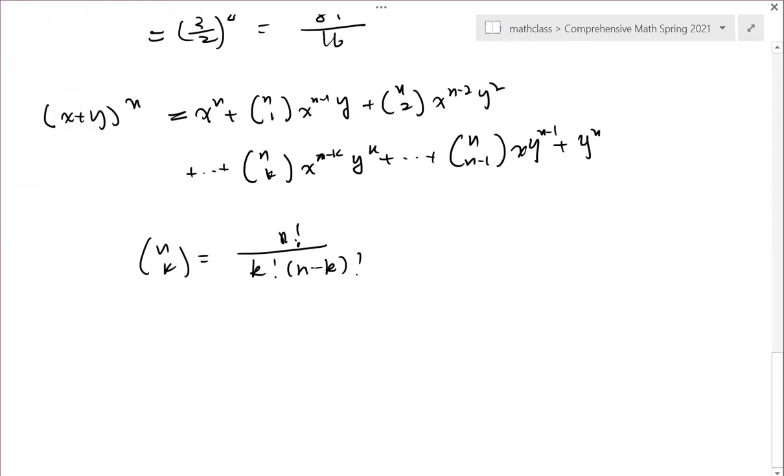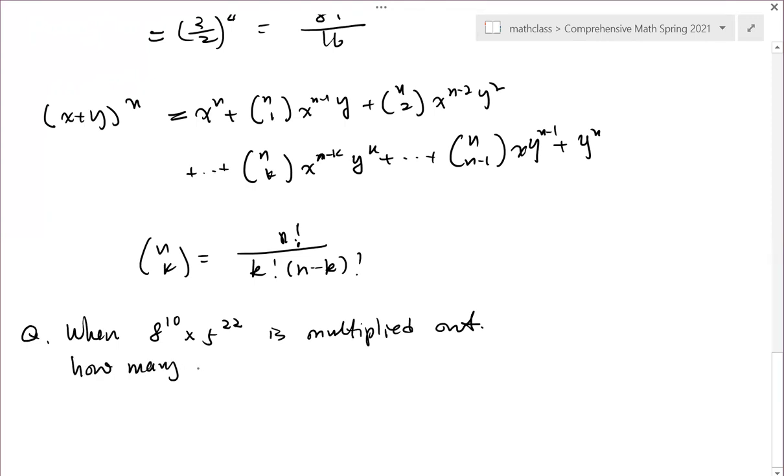But okay, our next problem is: when 8 to the power 10 times 5 to the 22 is multiplied out, how many digits does the number have?